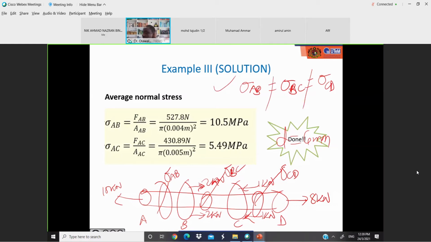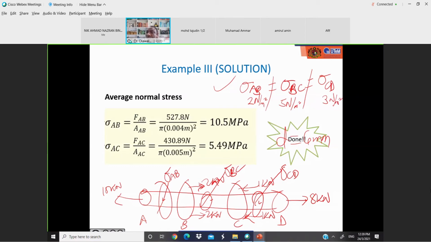So if sigma AB is not equal to sigma BC and it's not equal to sigma CD, what this means is either here or here, you are going to have your maximum stress. Say for example, AB is 2 Newton per meter squared, here you have 5 Newton per meter squared, and here you have 3 Newton per meter squared.